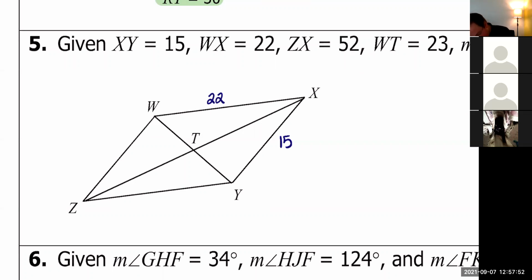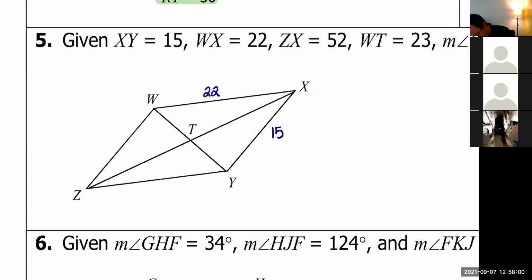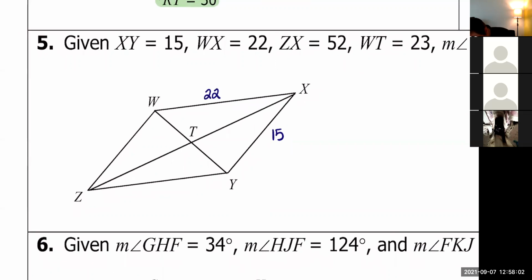ZX, which is, how am I going to do this one here? It's not really a good way to do this one. Yeah, I'll do it this way. ZX, which goes through here, is 52.